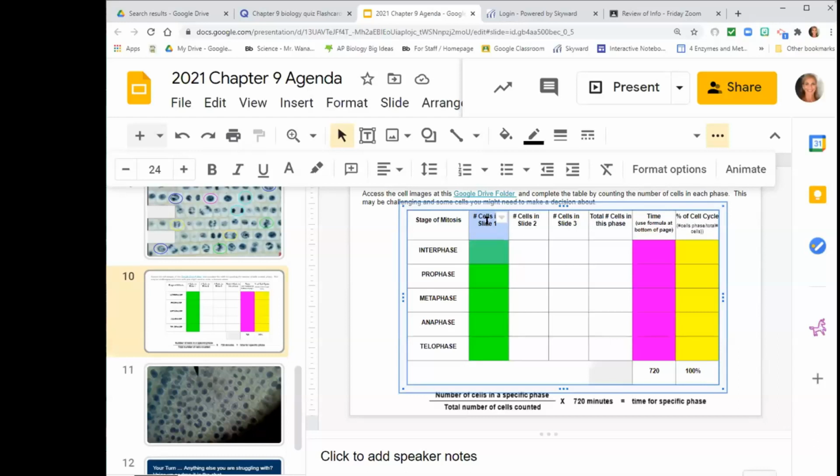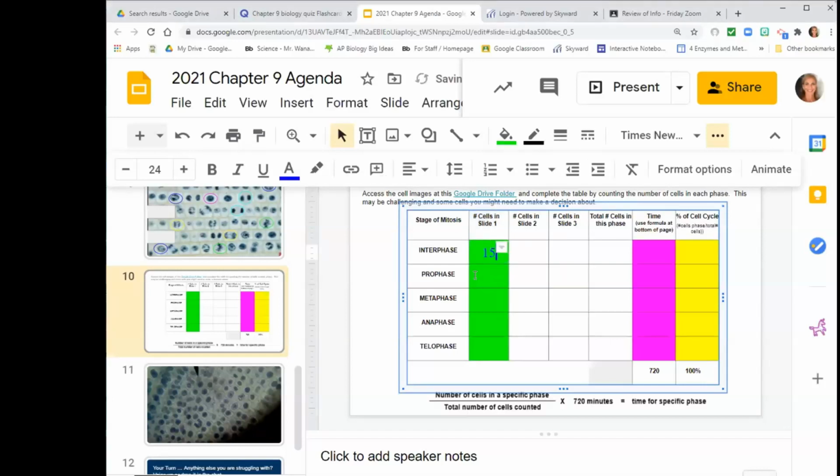So I counted 38. Did anybody count a number that high, or were you more down at 15? I'm going to use 15 because that's what Elise counted.